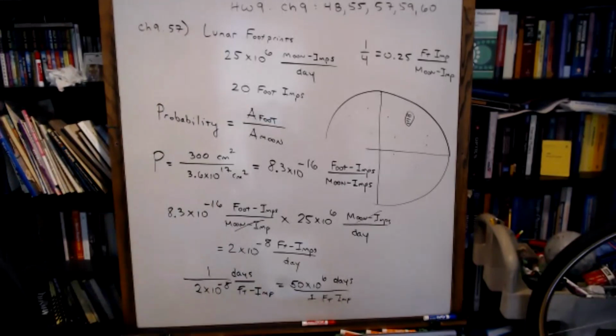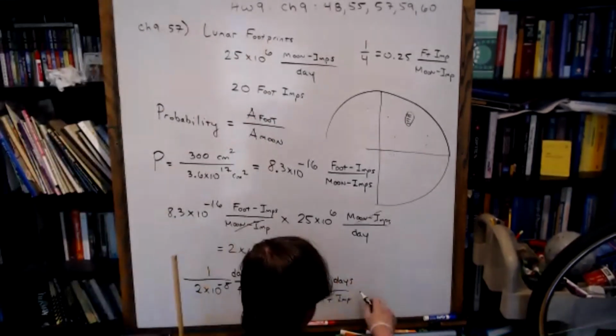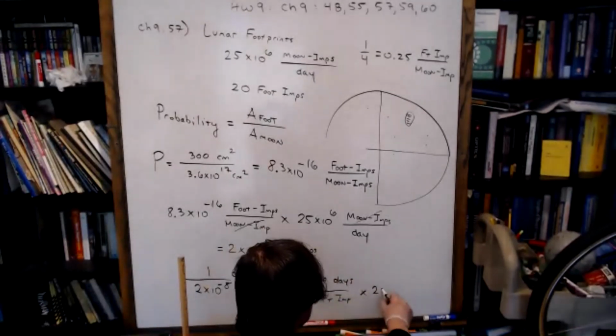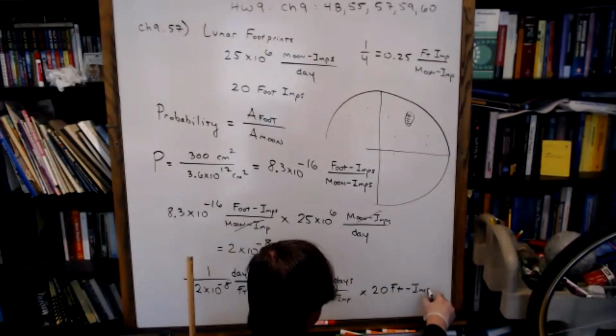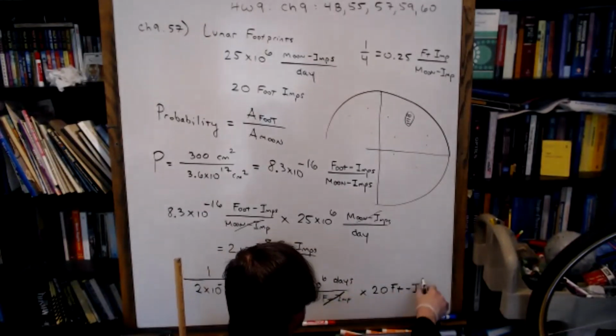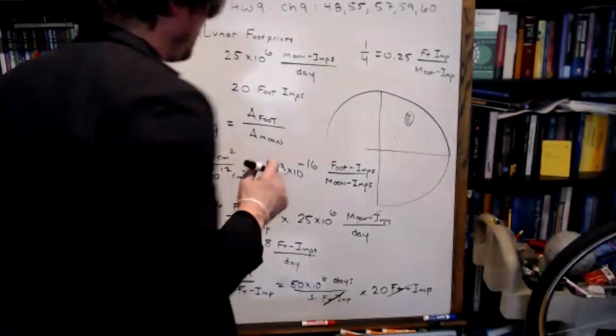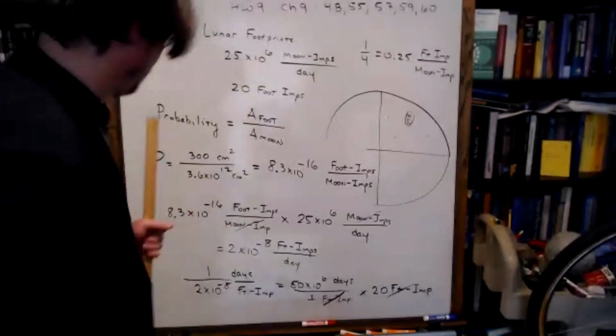Now you're trying to find out how many of the 20 foot impacts. Yeah, multiply by 20. Multiply by 20 foot impacts and we'll have our answer, because that'll give us the number of days to destroy the footprint.